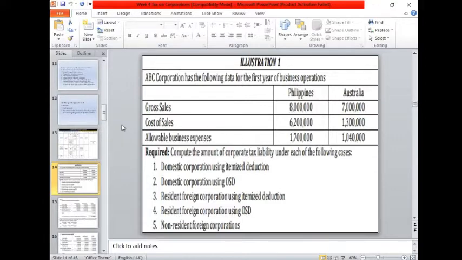So what we are going to find out is to compute for the corporate tax liability or the corporate tax payable under each of the following cases: if the corporation is a domestic corporation under the itemized deduction, if the corporation is domestic using the optional standard deduction, if the corporation is a resident foreign corporation using the itemized deduction, if the corporation is a resident foreign corporation using the optional standard deduction, and if the corporation is a non-resident foreign corporation. So let us compute it one by one.